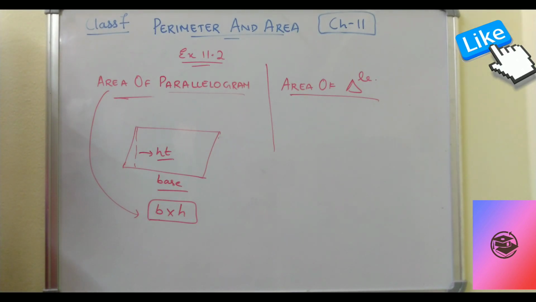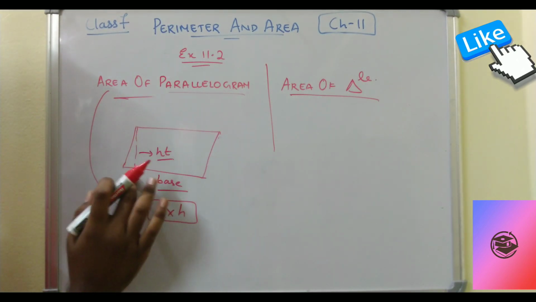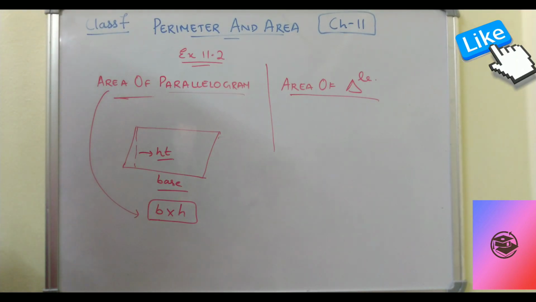So perimeter of a parallelogram is just adding all the sides, and area is base into height.